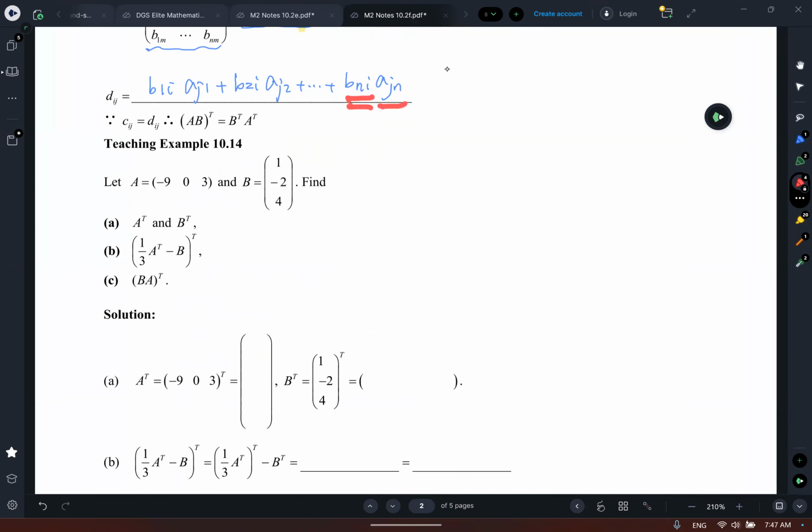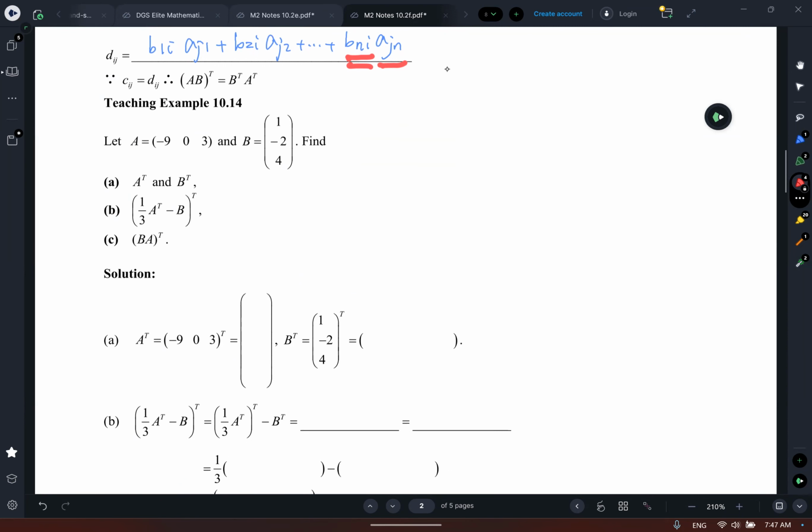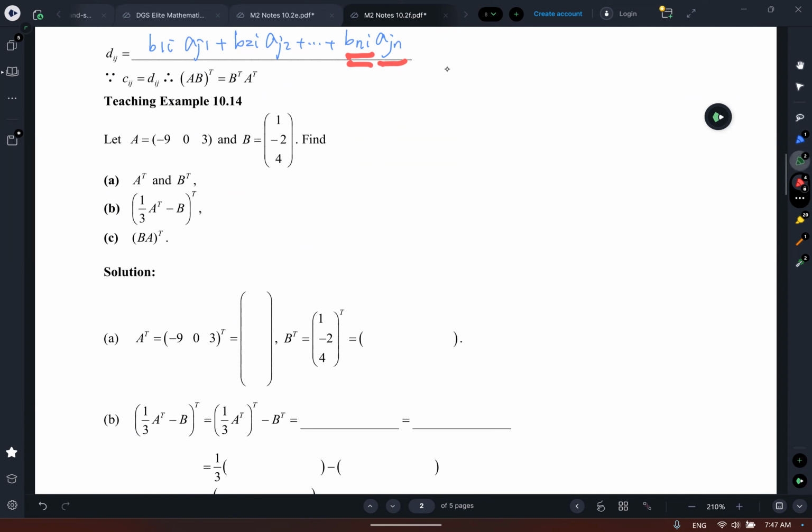Example 14. A is a row matrix, B is a column matrix. Find A transpose, B transpose, and then one third A transpose minus B transpose. So we swap them, and then do this. Of course, you can do the substitution and then calculate.